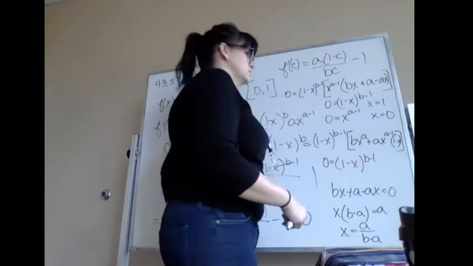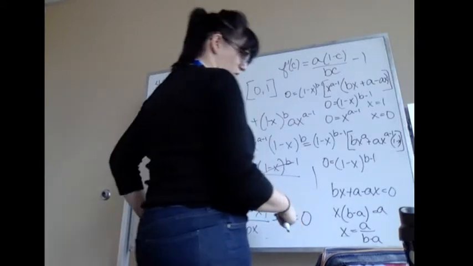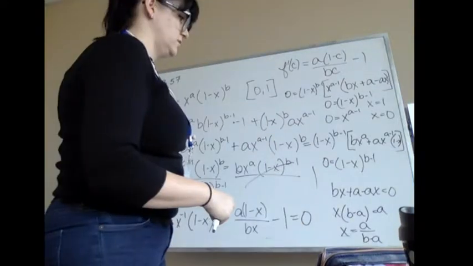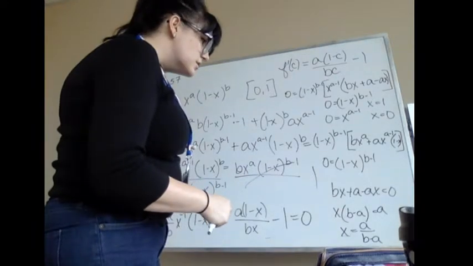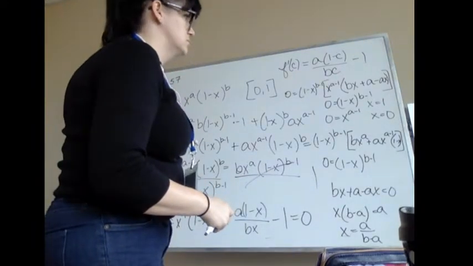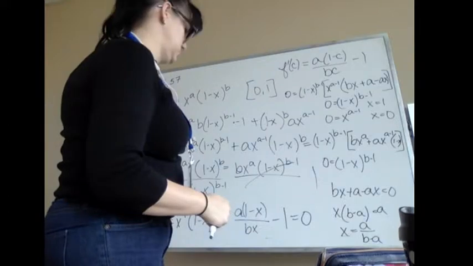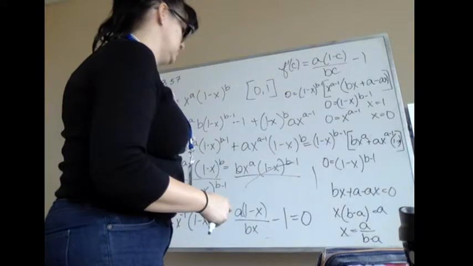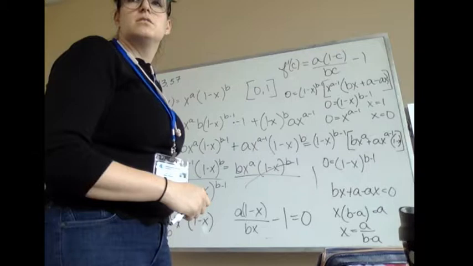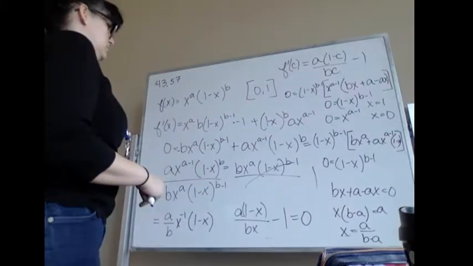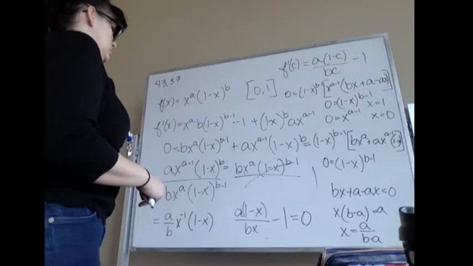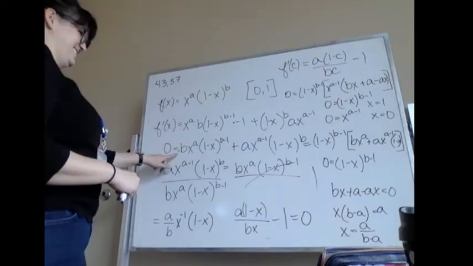Yeah, I got a over a plus b. Because the bx is supposed to be negative. Why? Because it's negative bx to the a. Oh, that's little. Good.